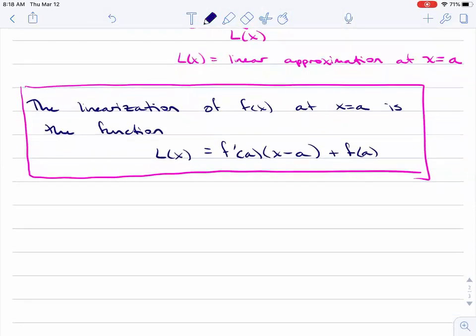So what we say is that f of x is roughly equal to the linearization at x for x values close to x equals a.